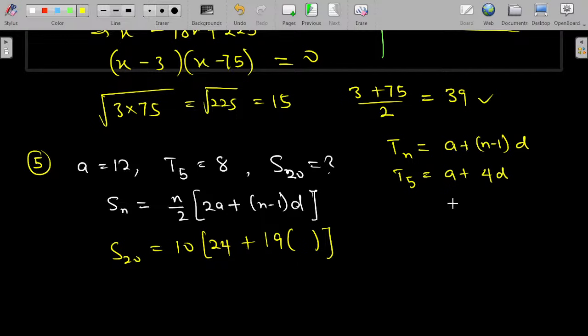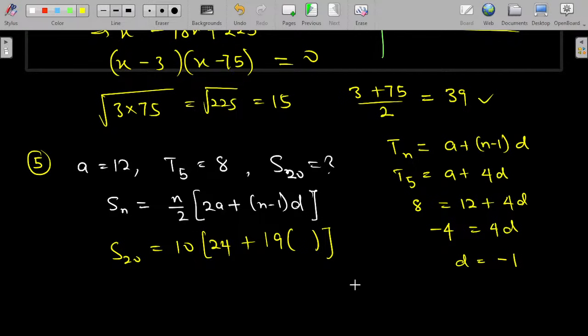And what is our t5? 8. What is our a? 12, plus 4d. So we take this 12 to this side. That will give us minus 4 is equal to 4d. And so our d alone is minus 4 over 4, which is minus 1.